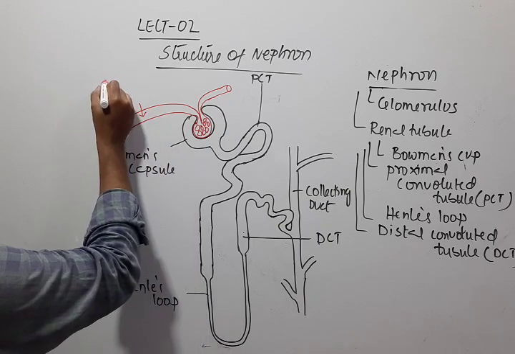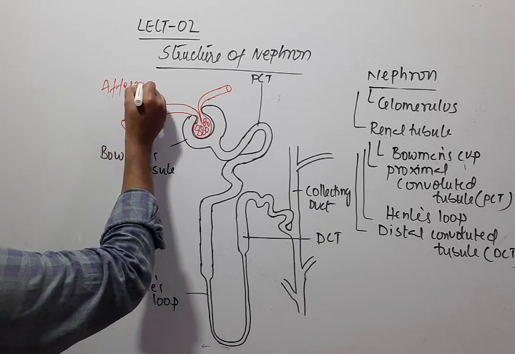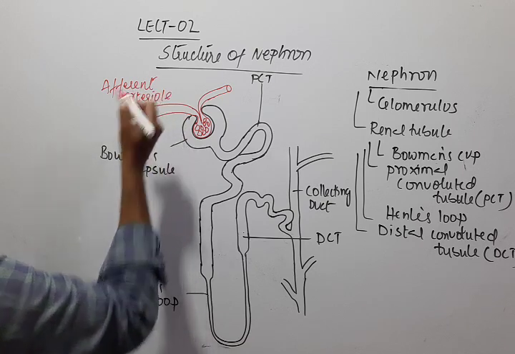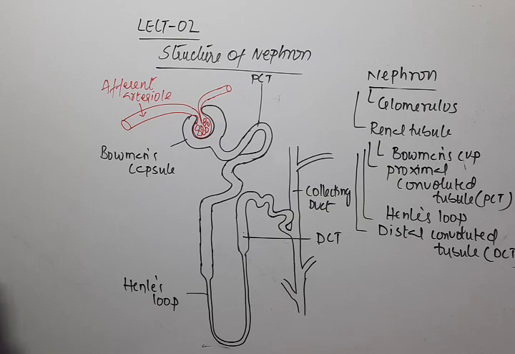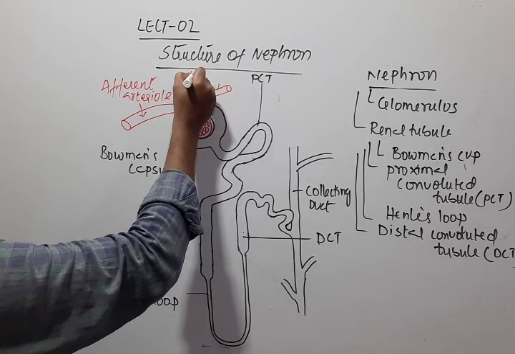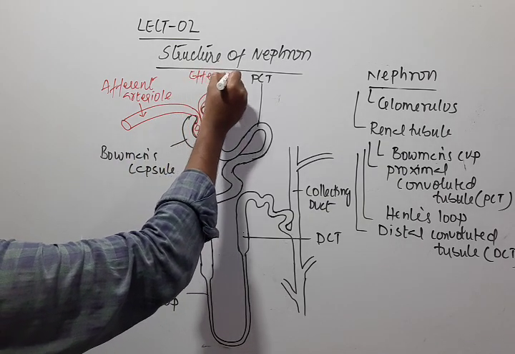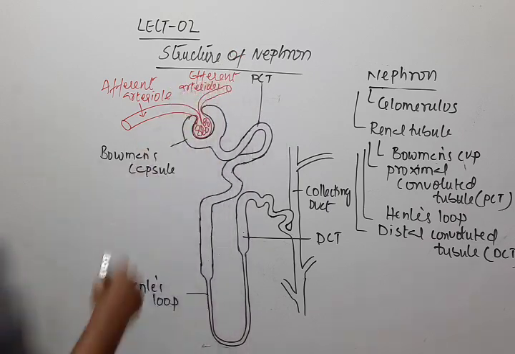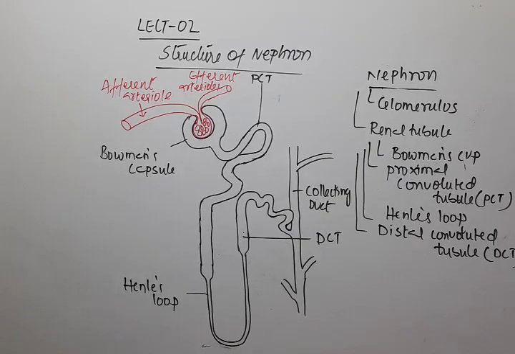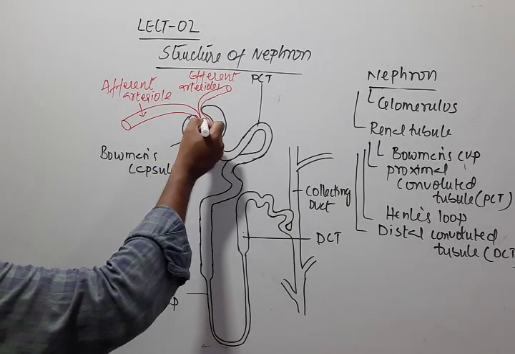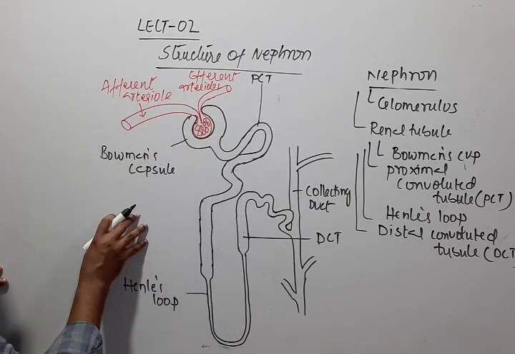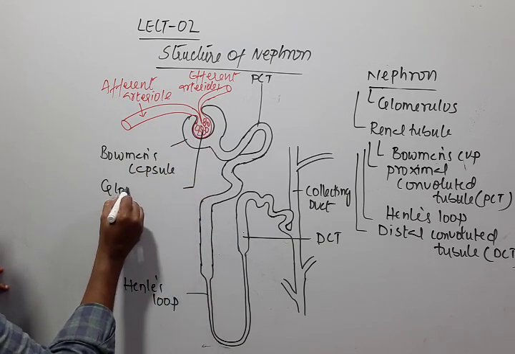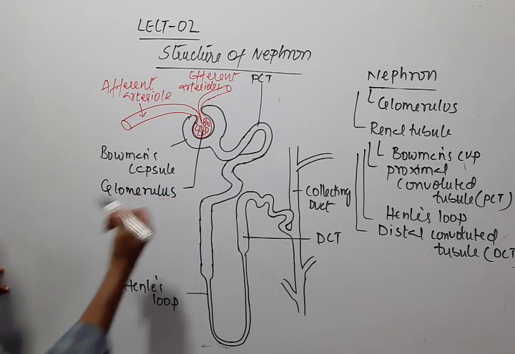So this is the afferent arteriole, whereas this is the efferent arteriole. And this network of capillaries that formed by the afferent arteriole is what I call the glomerulus.